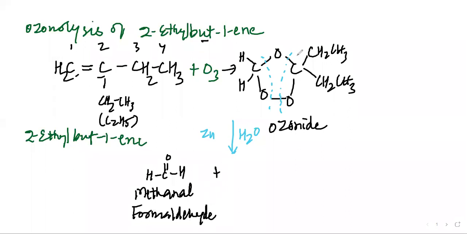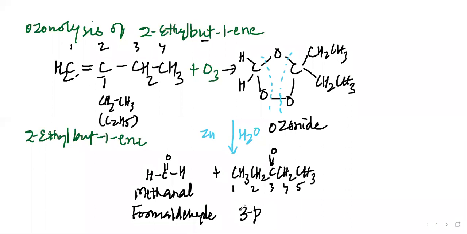And then we have the next compound, that is CH3, CH2, C double bond O, CH2, CH3. It has got 5 carbons, 1, 2, 3, 4 and 5. So it is pentane, but on the third carbon we have a carbonyl group, so we call it 3-pentanone.